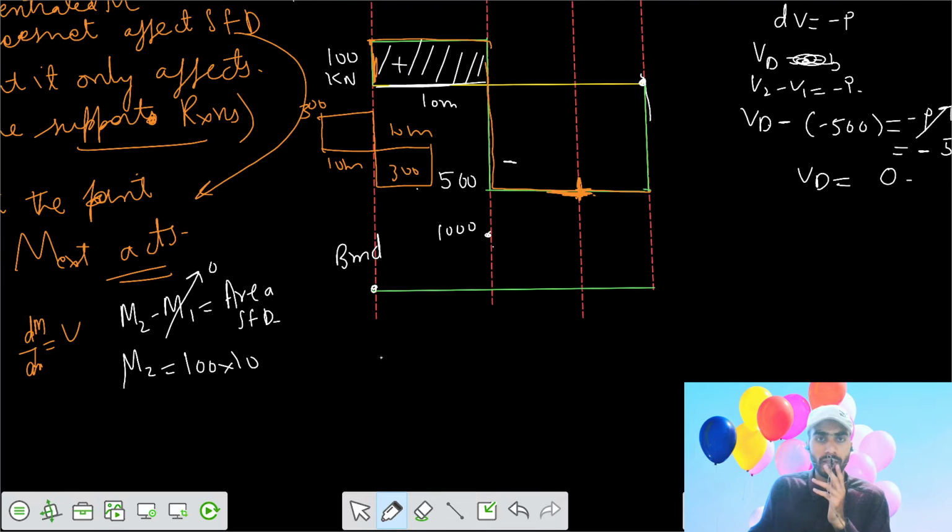And the variation is, if the SFD is horizontal, it has to be a linear variation, first degree.